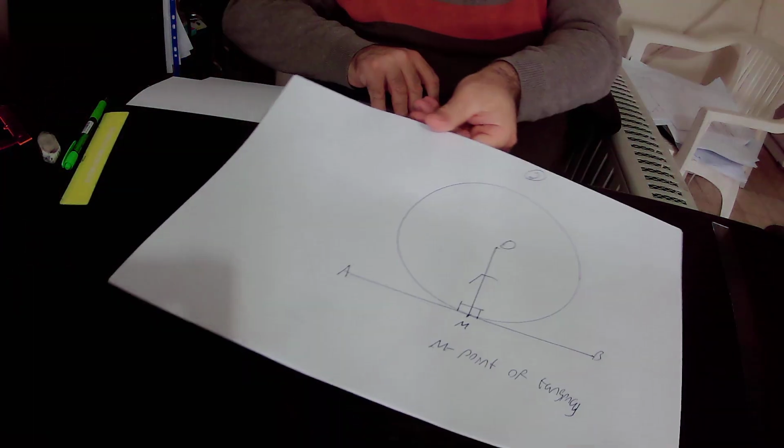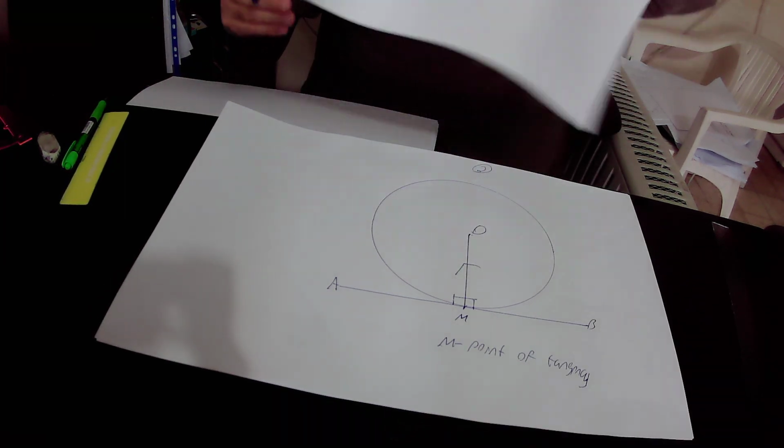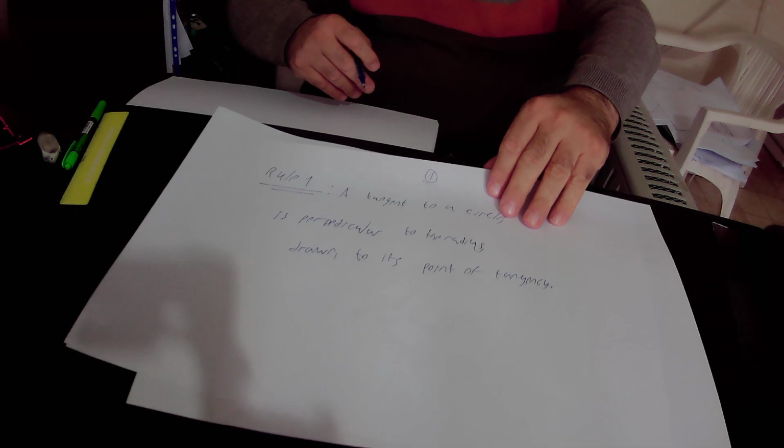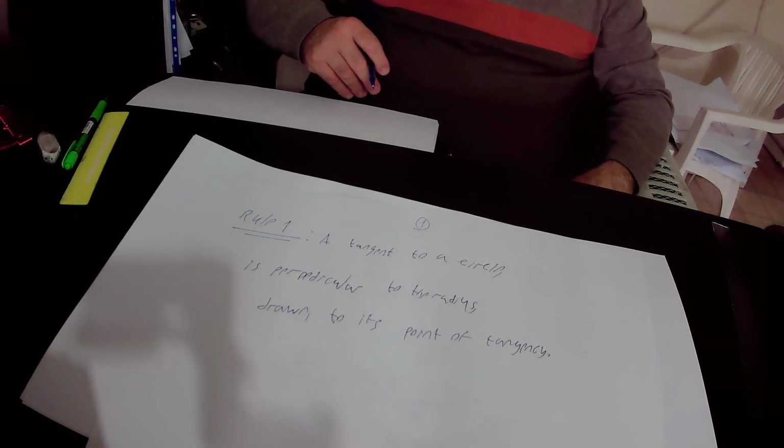I read rule number 1 again. According to rule number 1, a tangent to a circle is perpendicular to the radius drawn to its point of tangency.